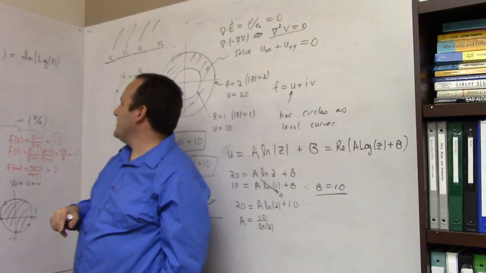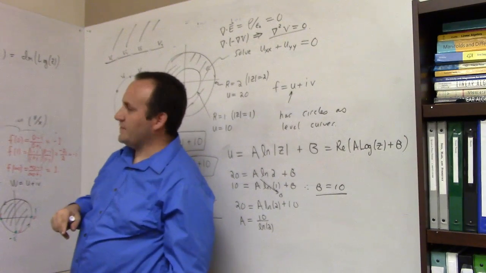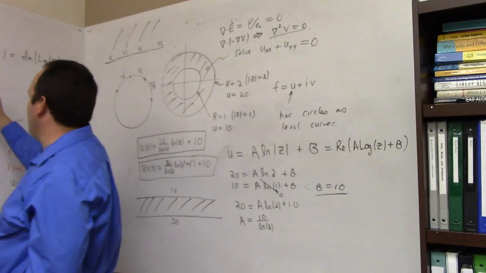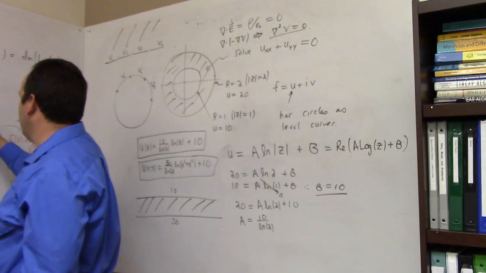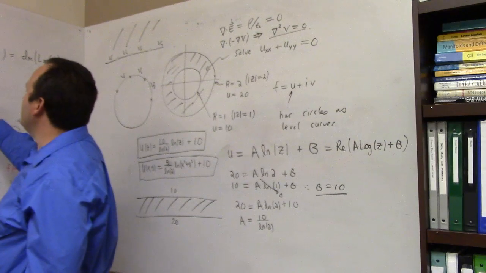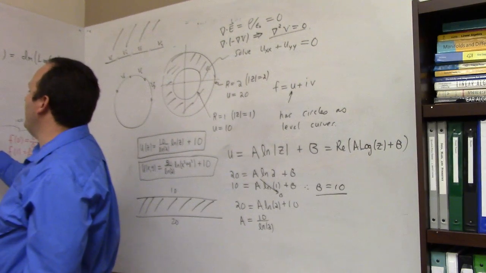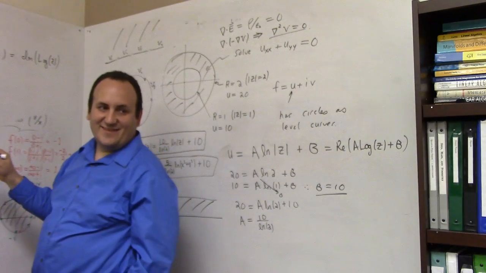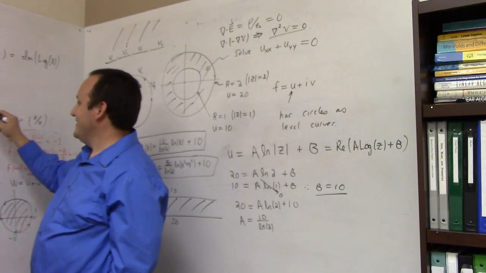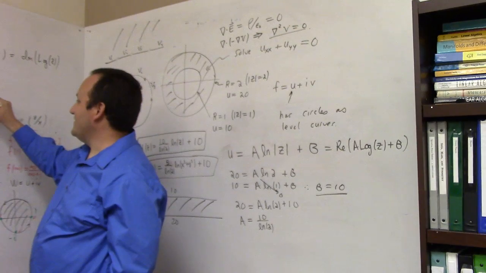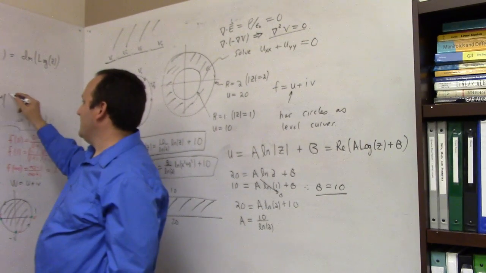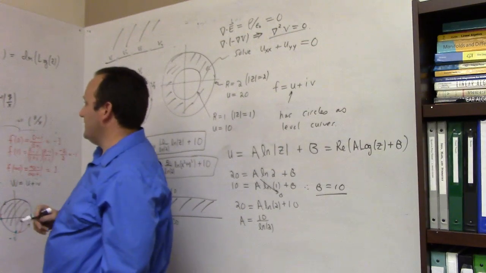I'm not sure what the straight up formula is for that right off the top of my head, but I can tell you the formula for this one. If I wanted to solve, let's say, pi over 2 volts here and minus pi over 2 volts there, then I could just write down V equal to inverse tangent of y over x.